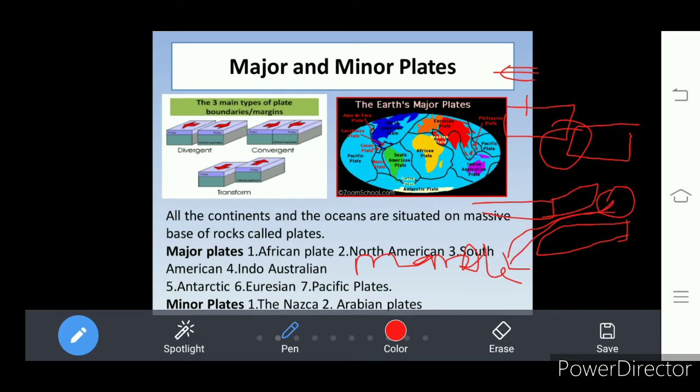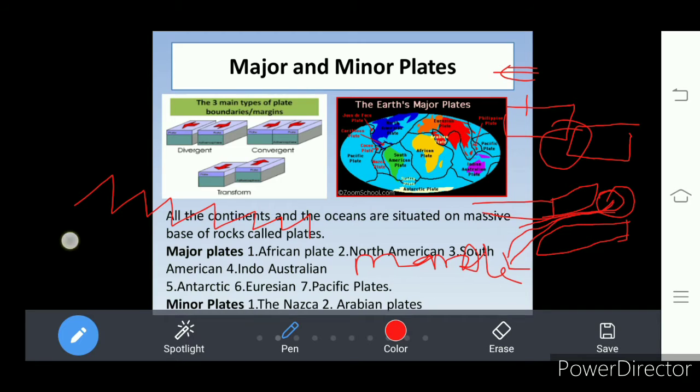Sometimes the substances from the mantle come out and get folded to form mountains. So our Himalayan mountains have been formed by the plate movements. The movement of the plates is called plate tectonic movement.